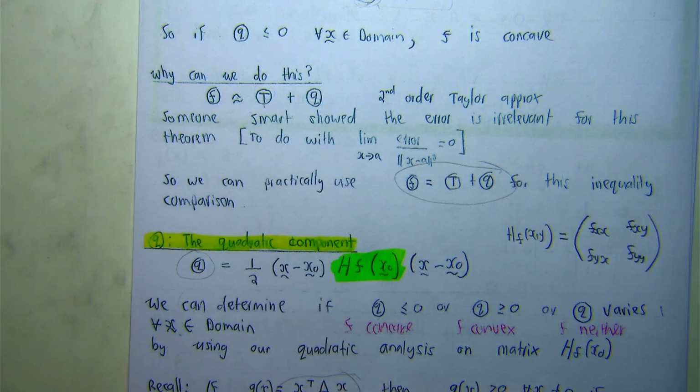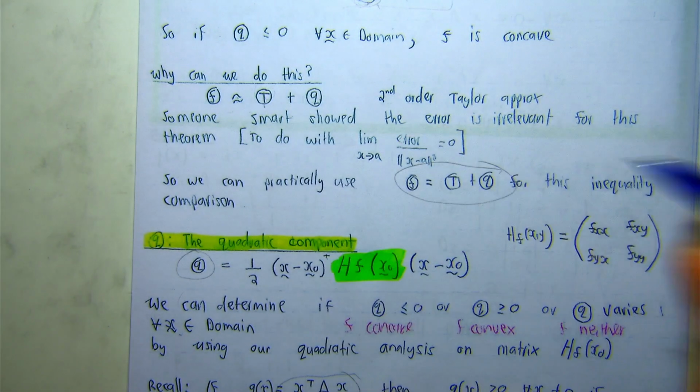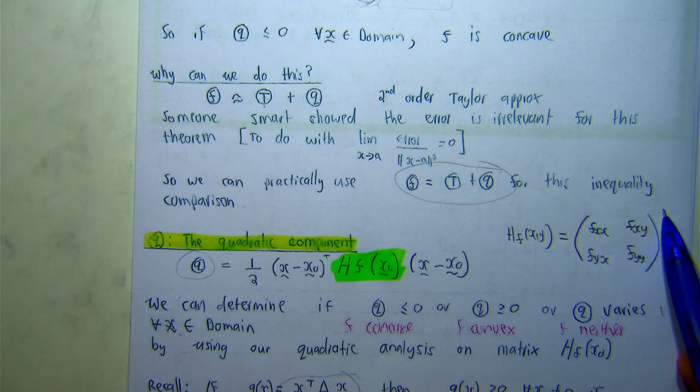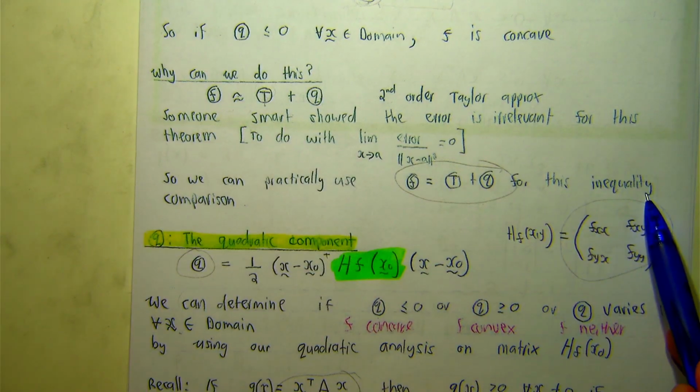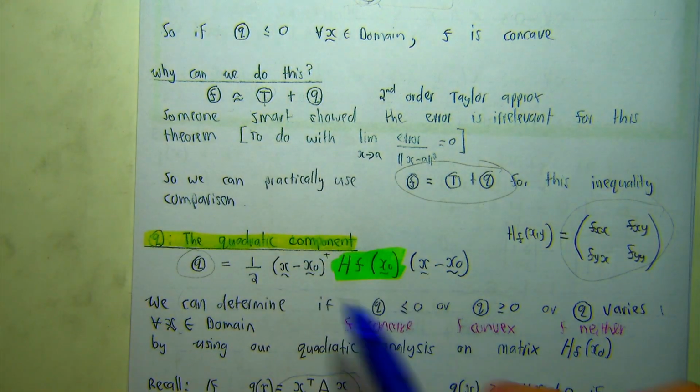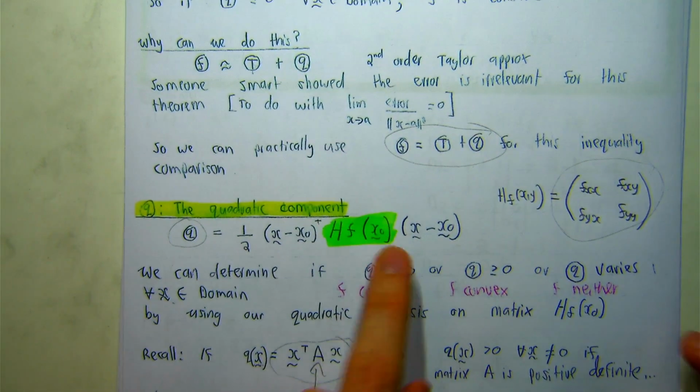And I suppose there should be a transpose here. And we're just analyzing how this matrix is as to how that will affect things in this equation.